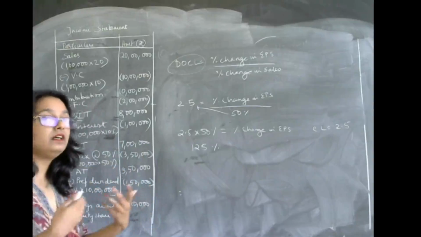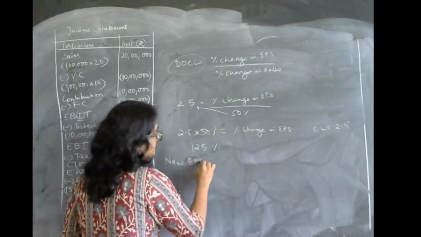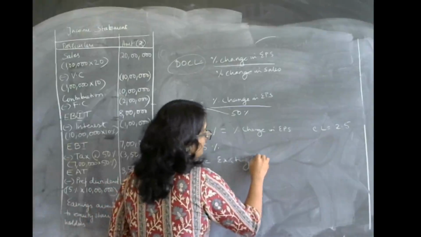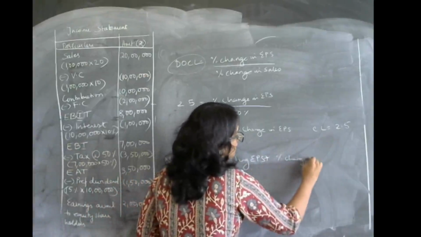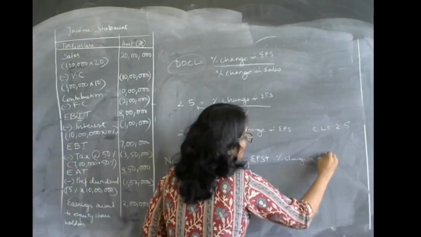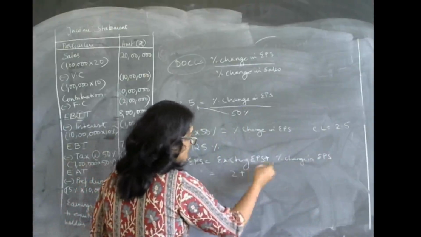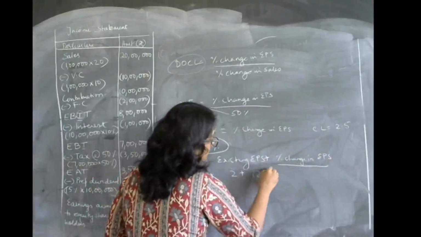Now let us find the new EPS. New EPS is equal to existing EPS plus percentage change in EPS. Existing EPS was 2 plus the percentage change in EPS, which is 125%.